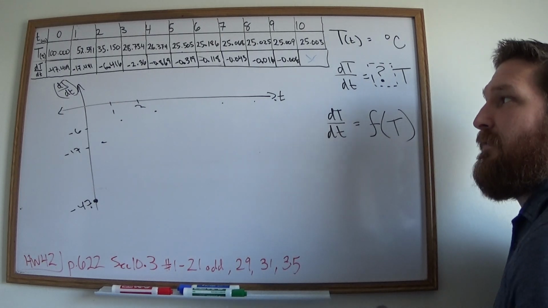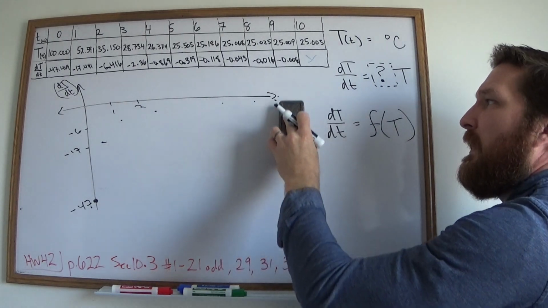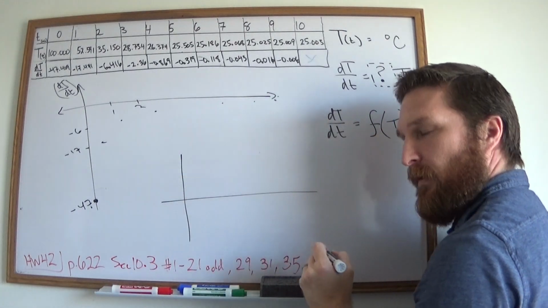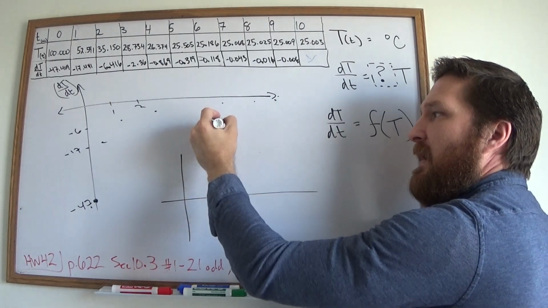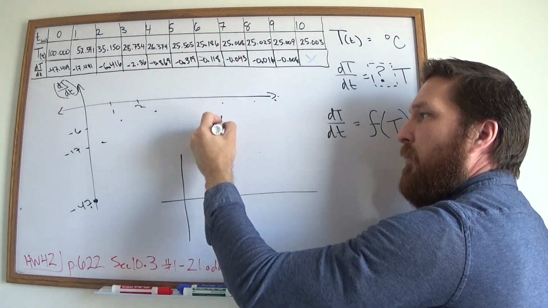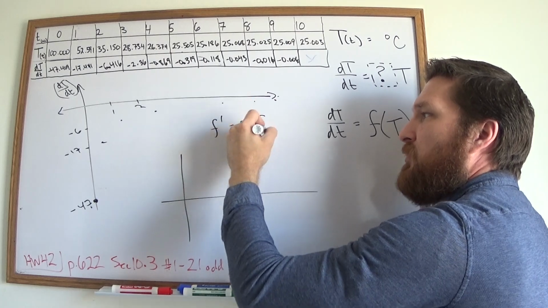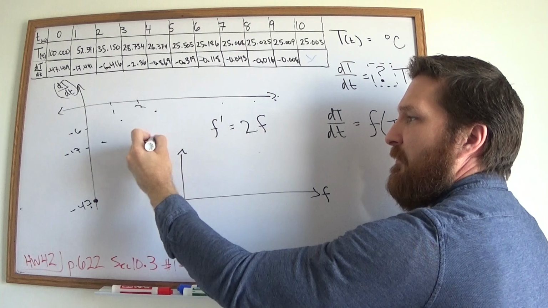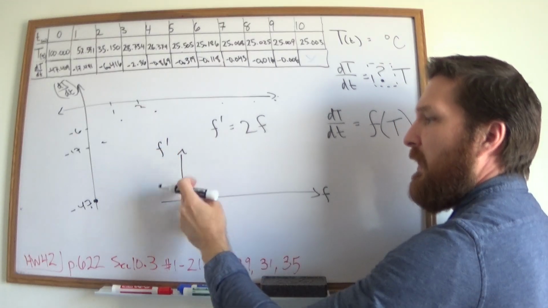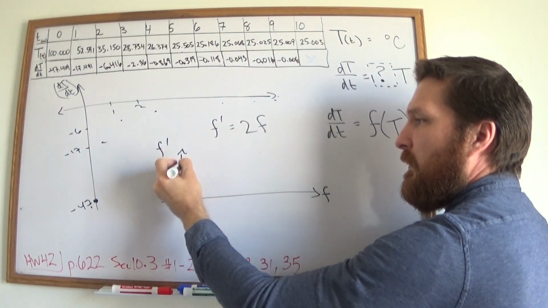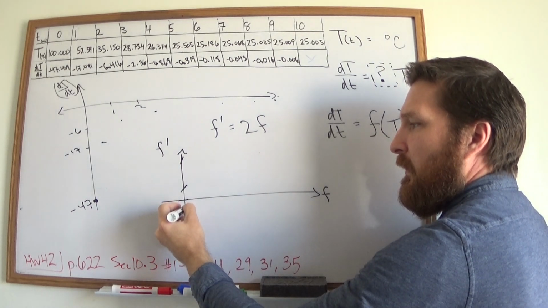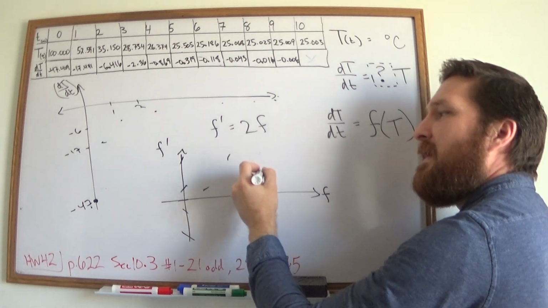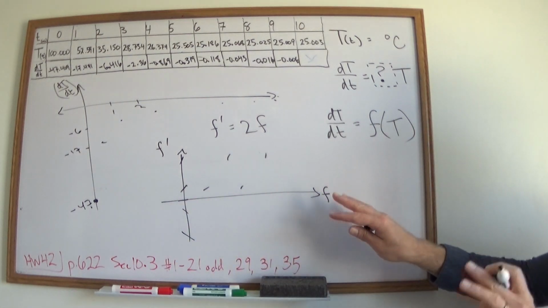So the thing I'm graphing now is just like when you're trying to figure out a slope field. You have some differential equation, f prime equals, I don't know, 2f. Then you graph f versus f prime, and you find it's 0, bigger, bigger, negative, negative, and then you get a slope field. This is kind of like the same thing we're doing here.